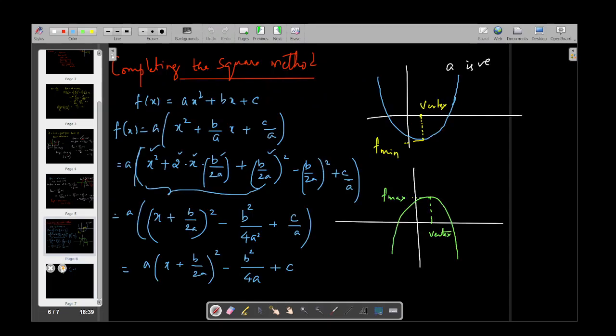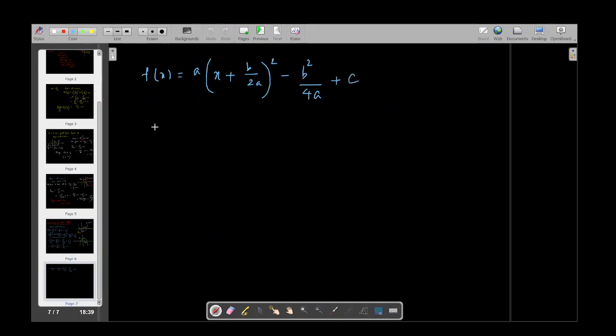This is what we got. Right. So what I'm going to write here is a times x plus b by 2a whole square plus, write this as minus b square by 4a plus c.